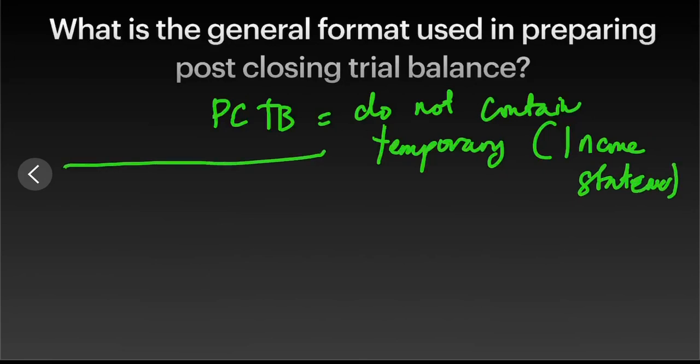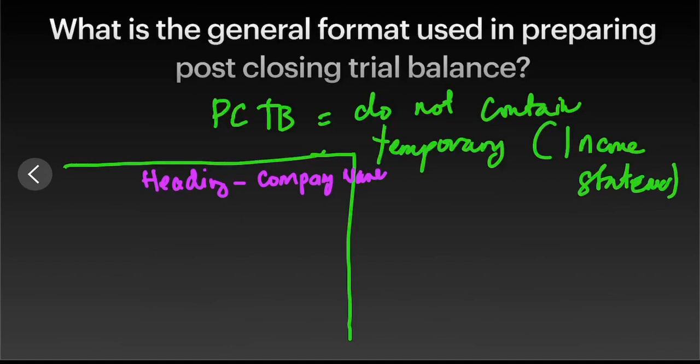What is the general format of the preparation of your post-closing trial balance? Of course you have your heading here. In your heading, you have your company name, the title of the report, which is post-closing trial balance, and of course the date.